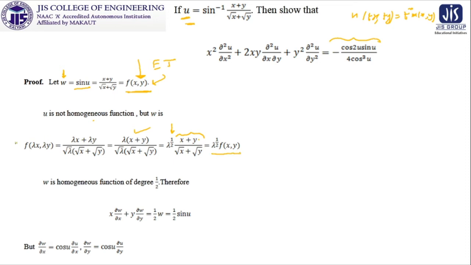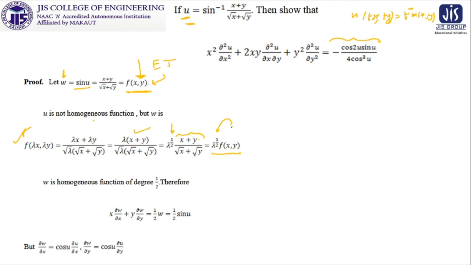I think it is clear to all of you that the function f is a homogeneous function, obviously you have to mention it, of degree half. Now once these two pieces of information are in our hand, we can use Euler's theorem for w, or rather for f.